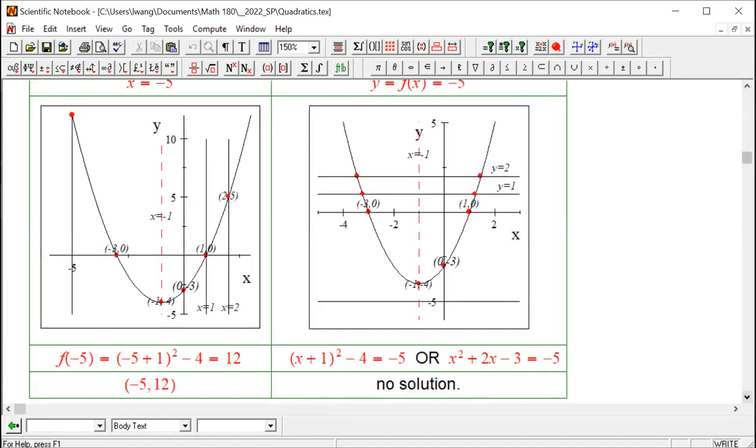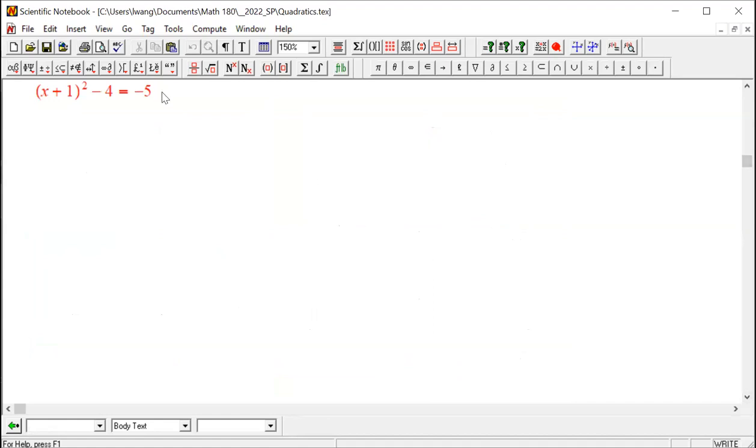So algebraically, it also tells us the same information. We just have to know how to read it. Suppose we solve for x. We know that's what we need to do. And what will happen is that we're dealing with this familiar equation.